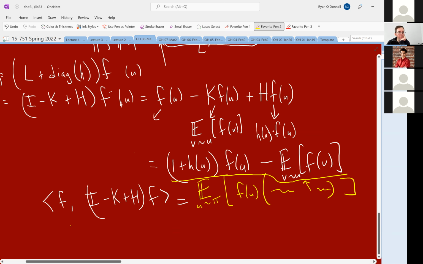Although one thing to remember is that if you ignore the h, we know that this is FLF. We know this is a nice quantity, a quadratic form.